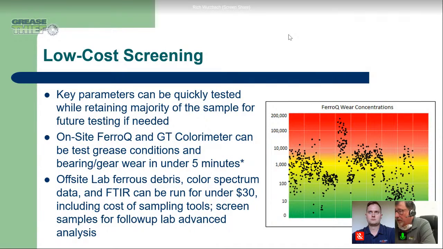They're fairly low, around 100 or a couple hundred parts per million ferrous content, but others have much higher rates, and that could be related to maintenance practices. It could be related to known design issues with some of those bearings. It could be related to the grease itself. And so we can get a handle on where our assets are relative to each other, relative to our fleet, and pinpoint those areas that we need further attention.